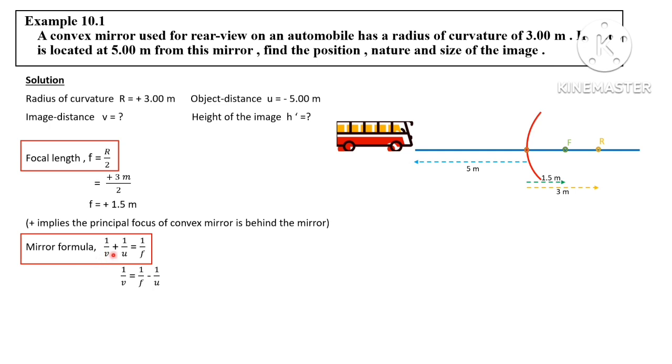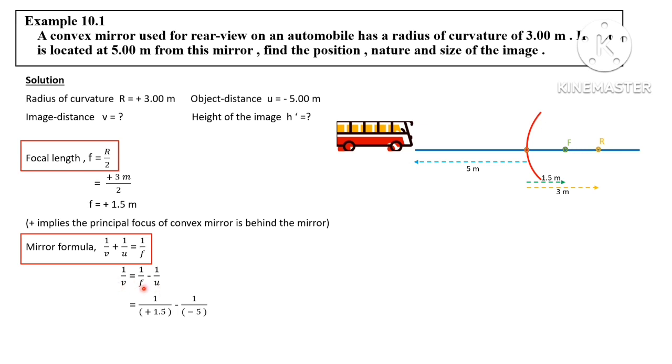Okay, for this we can take this plus 1 by u to the other side of the equal to sign. Okay, so taking this 1 by u to the other side, we can write this equation as 1 by v equal to 1 by f minus 1 by u. So here this plus 1 by u became minus 1 by u on the other side of the equal to sign.